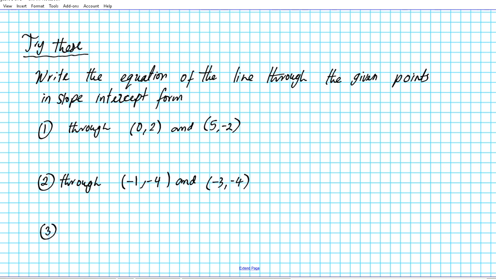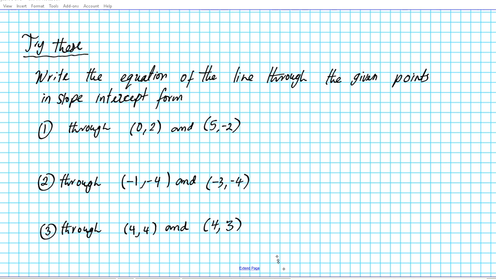And lastly, what if we have a line that goes through 4, 4 and 4, 3? Now what we'd like you to do at this time, go ahead and pause this video presentation, try out these problems. When you're done, click back on the play button to see what the answers are.